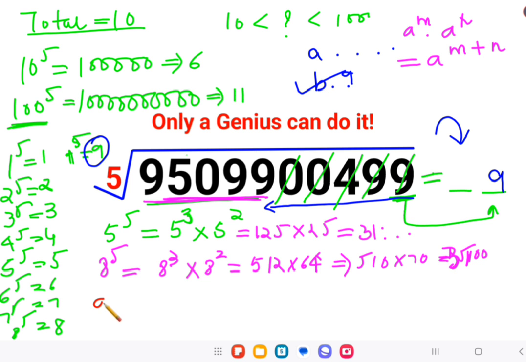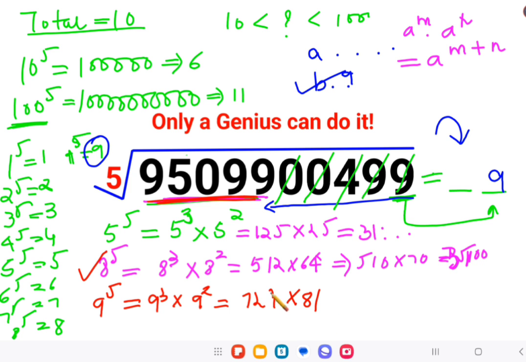Let's try and see what 9 raised to 5 is. Now see, if 9 raised to 5 exceeds the number given over here, then we could have directly said that the first part of your answer is 8. But since we have to check, let's do this. This is 9 cube into 9 raised to 2, which is 729 into 81.